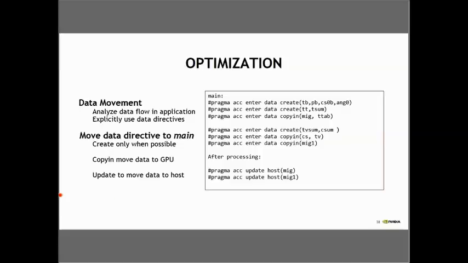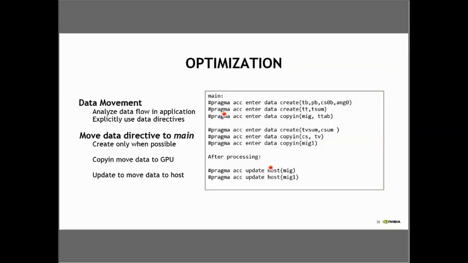And so we basically took the output from those and went back into the code. First of all, in the main routine, before we get into that do while loop, we define the data region. And it's important to, where possible, only use the create when you need to.